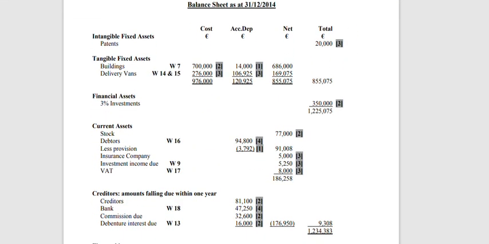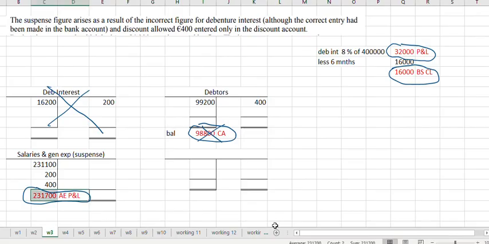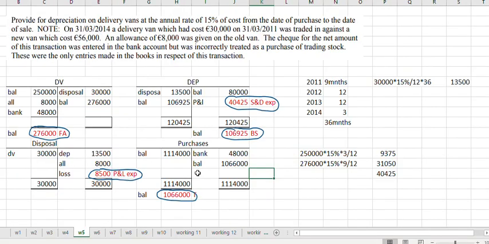Patent, we did a note, 20,000. Buildings, we did a note, 714 depreciation, take away. Delivery vans, that came from note number 5 and the accumulated depreciation there. If we look back at note number 5, there's your delivery vans figure, there's your depreciation figure.